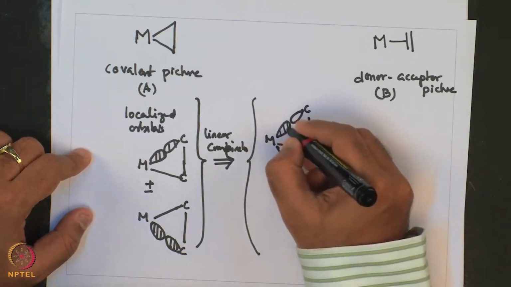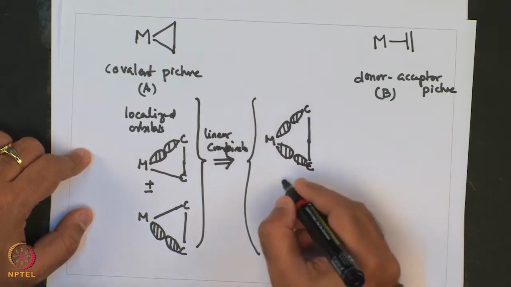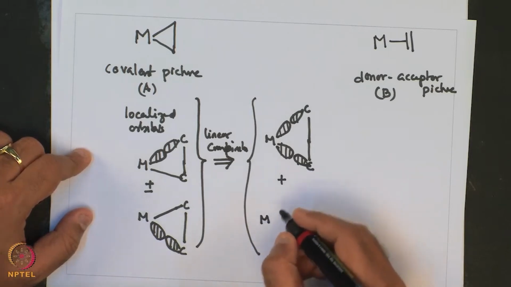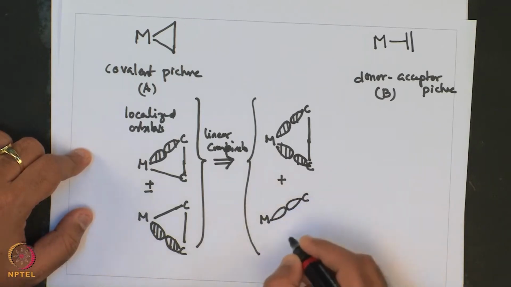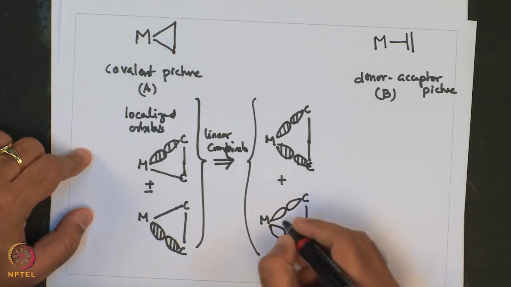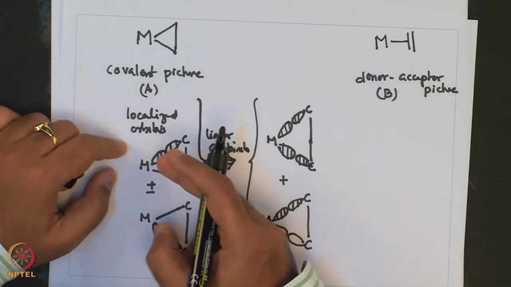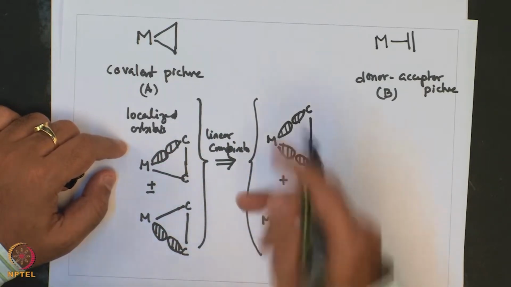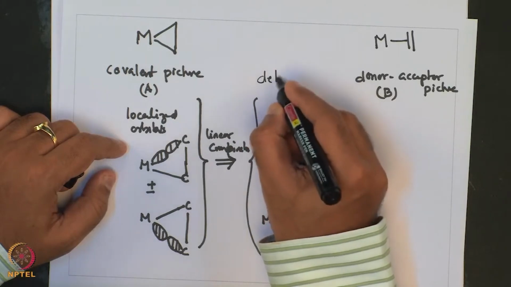One in which all the metal orbitals are in the same phase, these two covalent bonds in the same phase, or they can be in different phase. Now, this linear combination of localized orbitals gives delocalized orbitals.